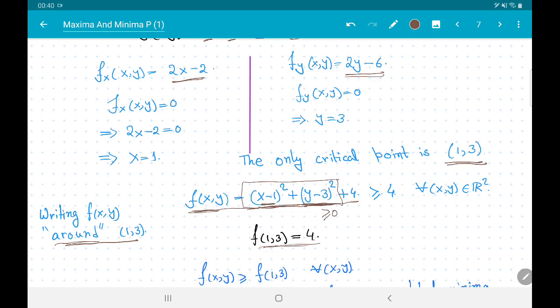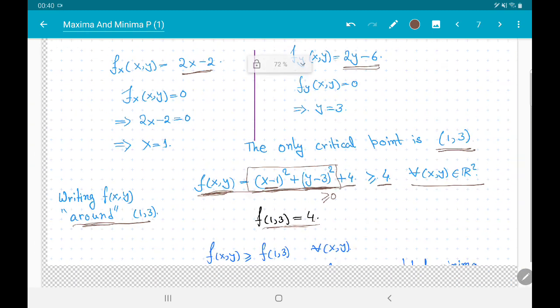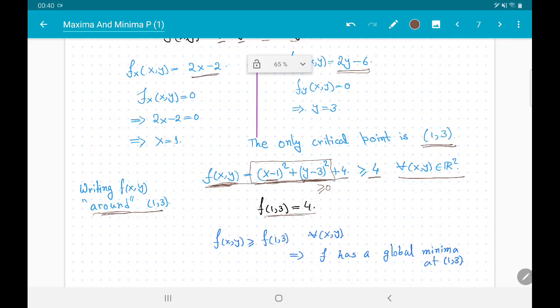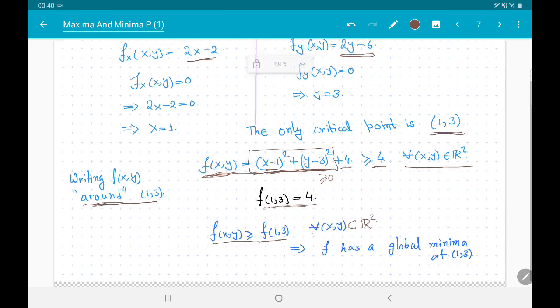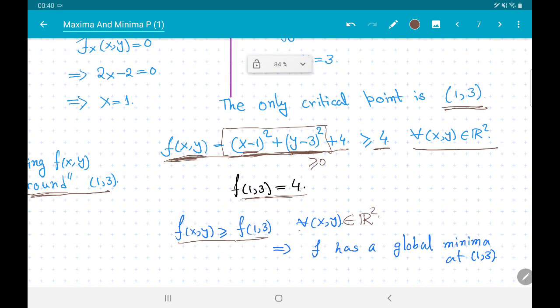As a consequence, f(x, y) is bigger than or equal to 4 for all (x, y) in R2. So what we have shown is that f(x, y) is bigger than or equal to f(1, 3) for all (x, y) in R2. As such, f has a global minima at the point (1, 3).